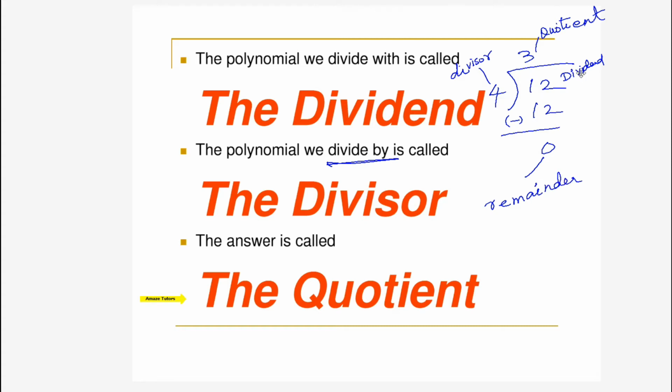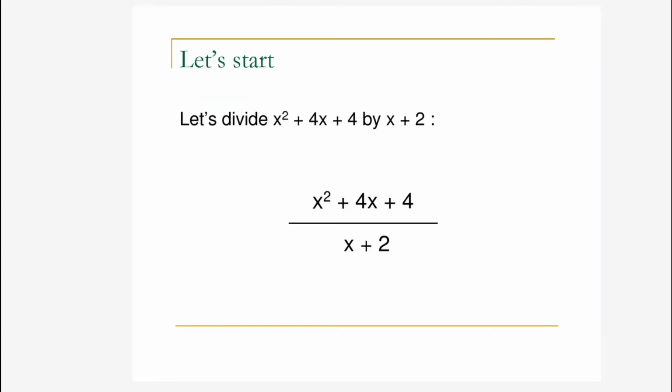So there are four parts: dividend, divisor, quotient and remainder. We are going to do the same method as in numbers. There will be four parts with polynomials too.